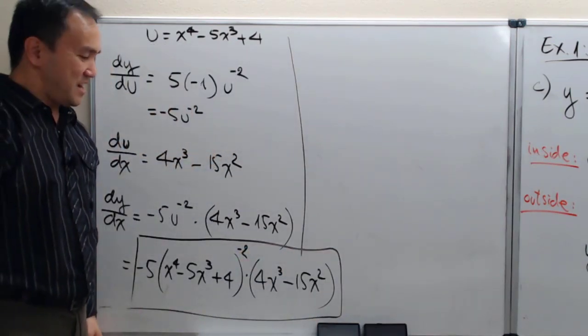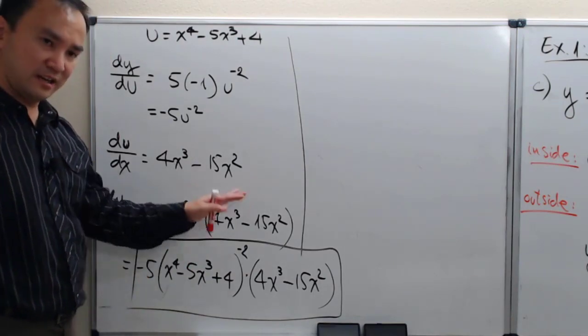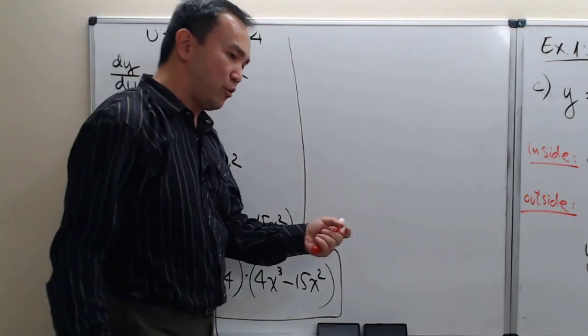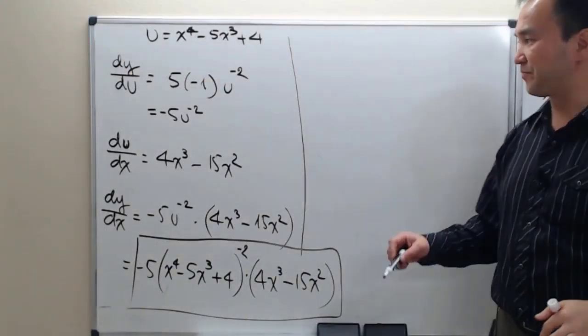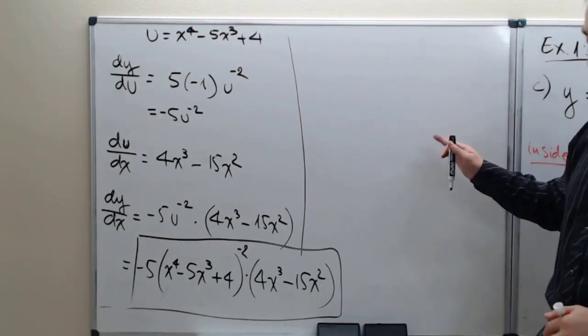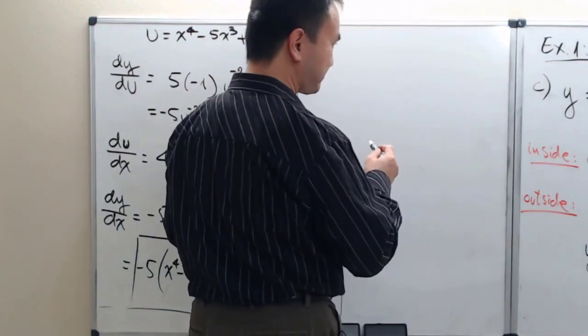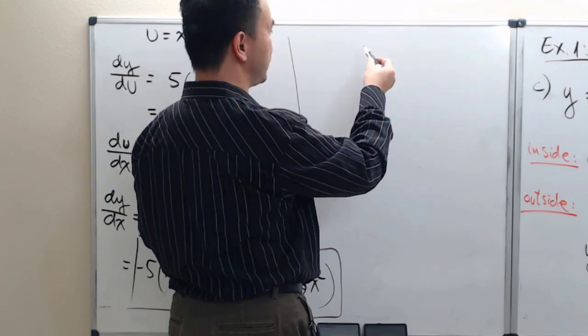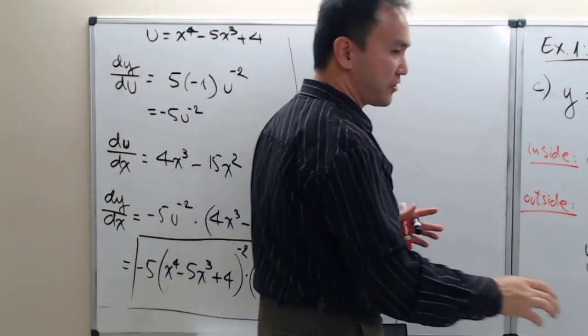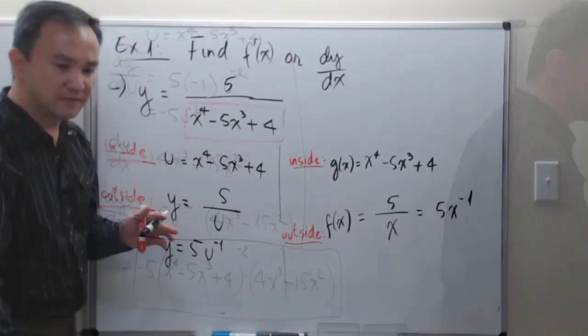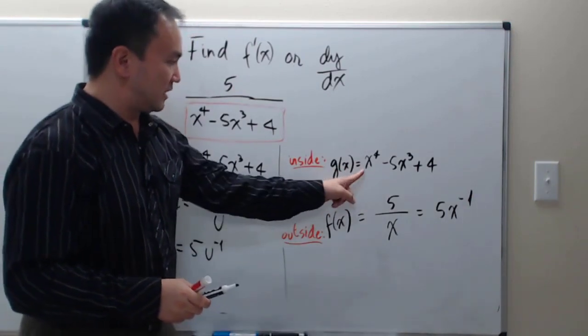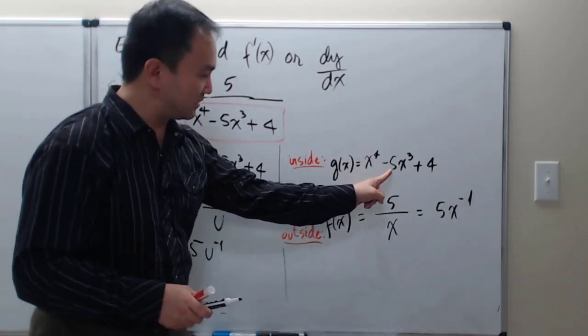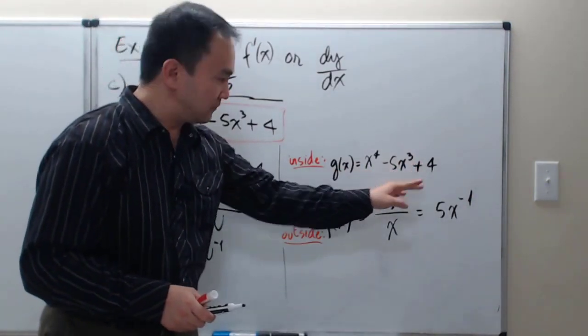Okay, and so just like that, again, allow me throughout the entire example 1 right here, to work on the other style of finding this derivative. So if we recognize that g of x is the inside function, so recall for yourself, g of x was x to the 4th minus 5x cubed plus 4.